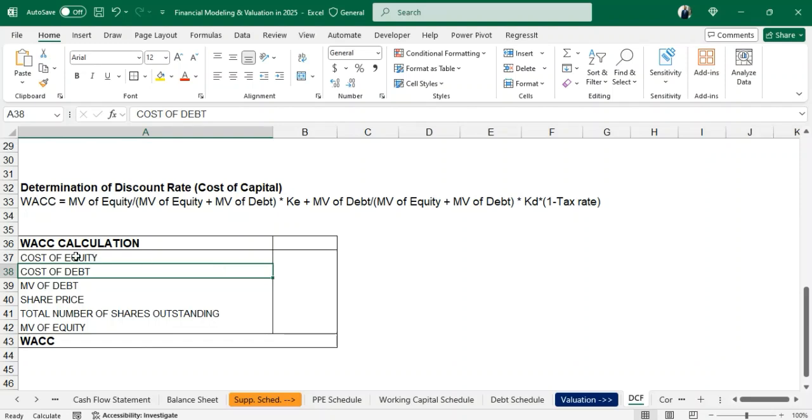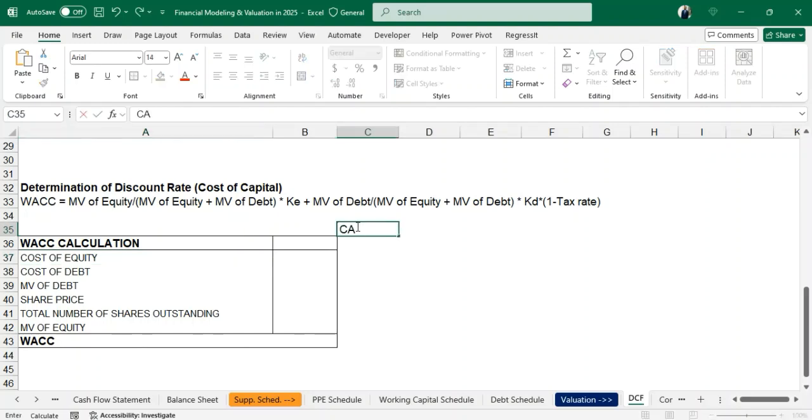So we can now determine the values of this. Now, when it comes to the cost of equity, which is the first one here, the cost of equity determination is also a complex one, and we have various ways of determining it. We have what we call the CAPM model for determining the cost of equity.